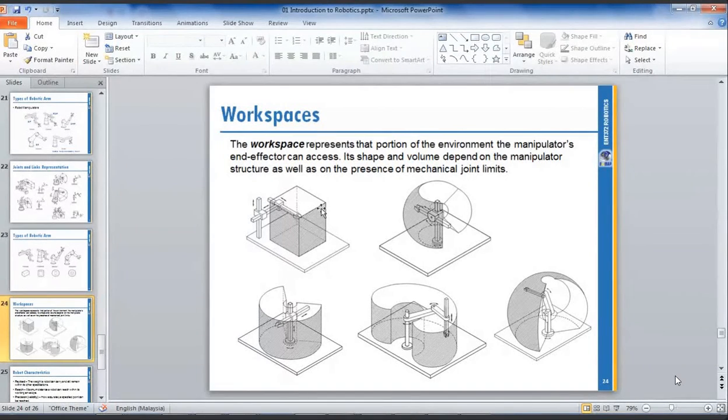This is the maximum this robot can perform. But any shape inside this shape, this robot can perform.